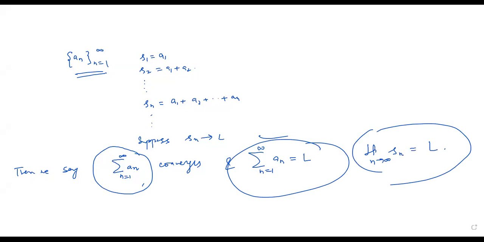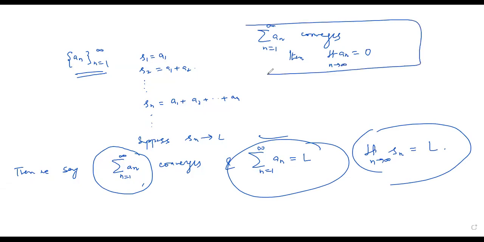फिर हमने ये देखा कि अगर summation a_n converge करता है, then this sequence, जो original sequence है, this must converge to 0, जहां से हमने ये series बनाई थी.